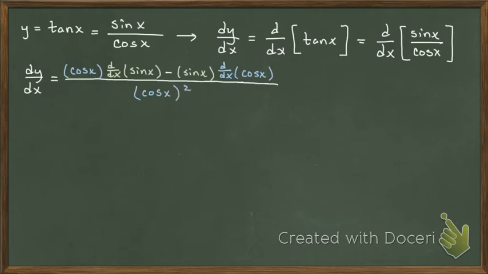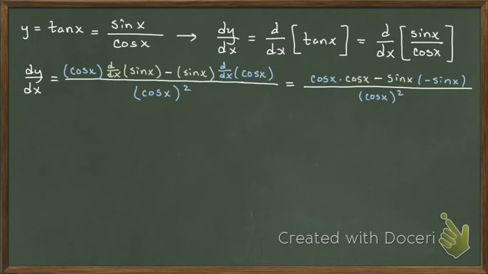Okay, same quotient rule we're friends with. Simplify, or actually go in and then take those derivatives. I've got cosine of x, derivative of sine is cosine, minus sine of x times the derivative of cosine, which is a minus sine x, all divided by cosine x squared. I'm going through this rather quickly. Feel free to pause along the way, slow it down if you like.